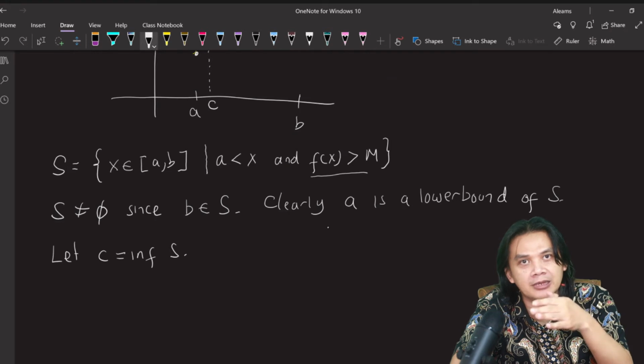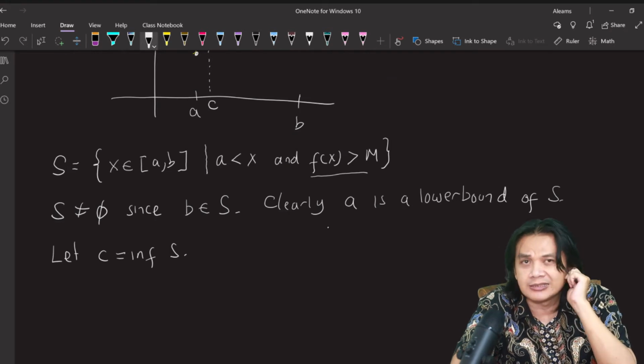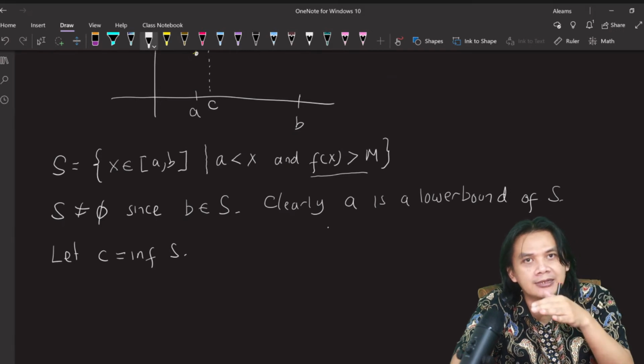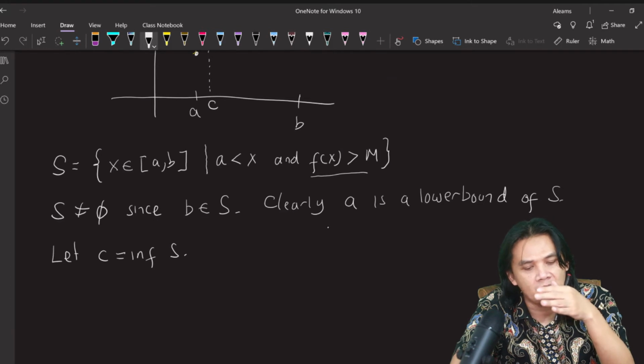Every non-empty set has a supremum if it has an upper bound, and it has an infimum if it has a lower bound. So this set S definitely has an infimum, and we call it c.